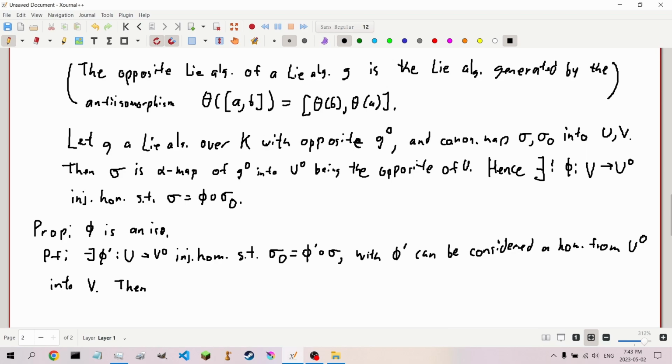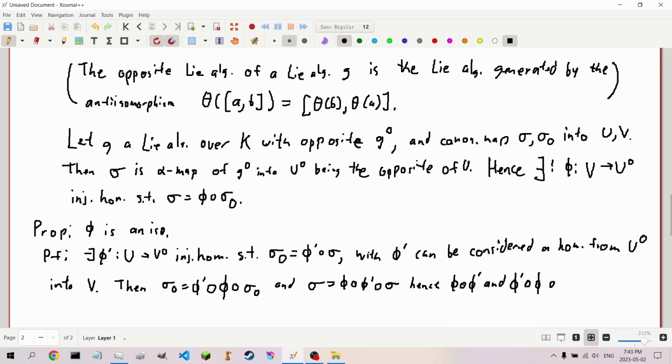Then sigma naught is equal to phi prime composed with phi composed with sigma naught, and sigma can be considered as phi composed with phi prime composed with sigma, hence phi composed with phi prime and vice versa are identity maps, where you would expect them to be.